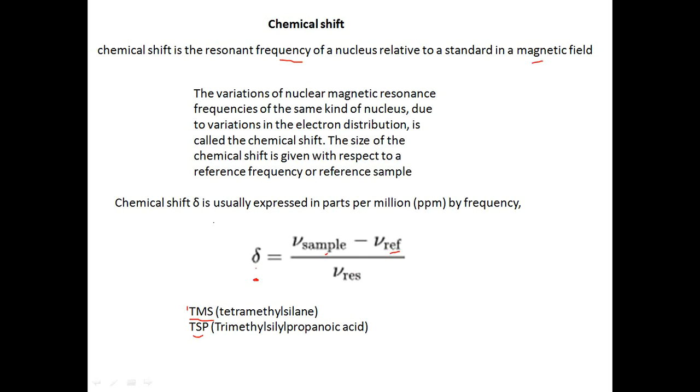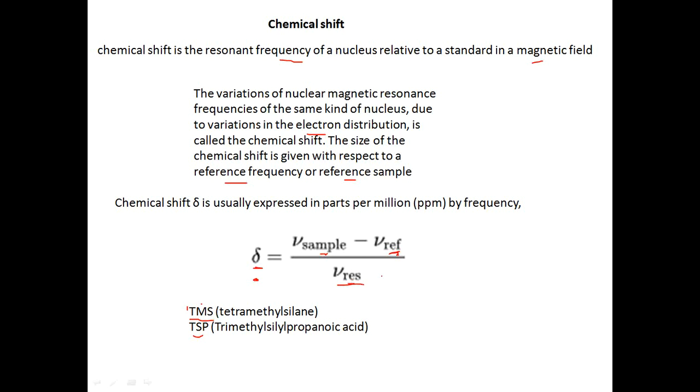The variation of nuclear magnetic resonance frequency for the same kind of nuclei in a molecule, which have a variation in electron distribution, is called the chemical shift. The size of the chemical shift is given with respect to a reference frequency, and that is given as delta: the frequency of the sample, at which it is absorbing, minus the frequency of the reference, divided by the frequency at which the instrument is working.